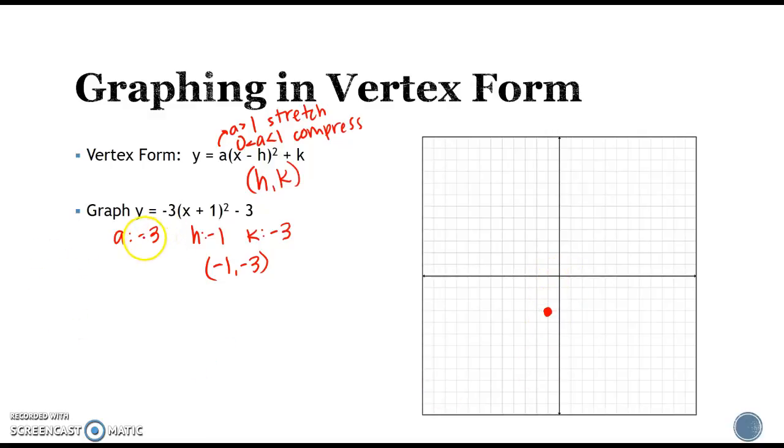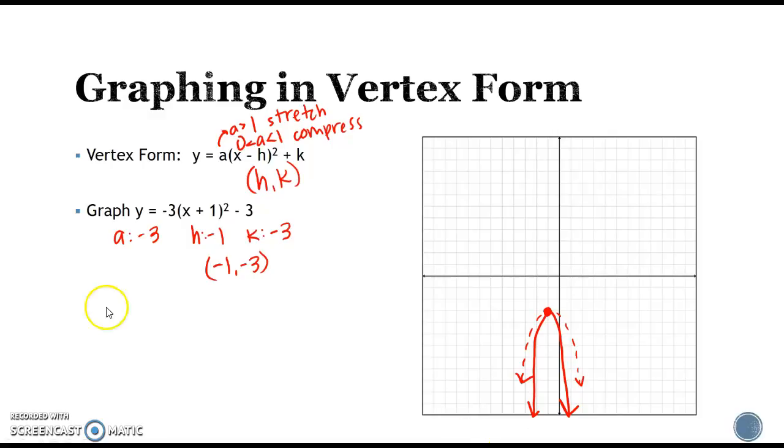I know that it's supposed to open down, so I can go ahead and sketch what it might look like if it opened down. And then this 3 tells me that it's going to be stretched, so it's going to be skinnier than my sketch over here. So I'm going to draw a solid line that goes in between and is pulled thinner than my sketch for the dotted line.